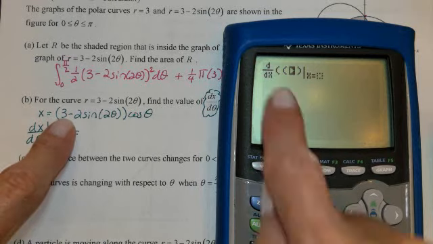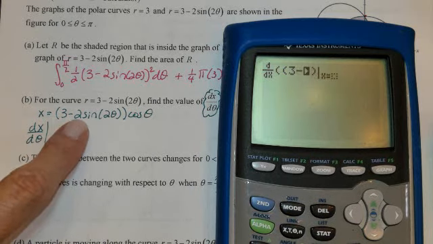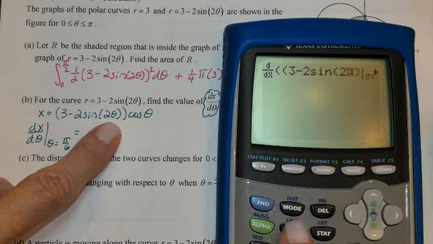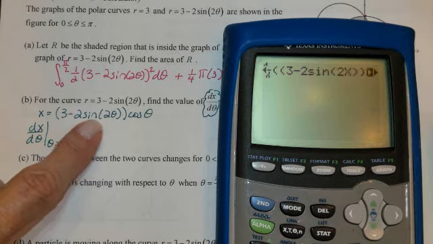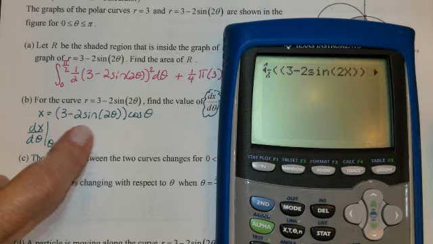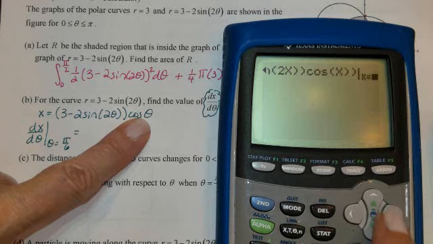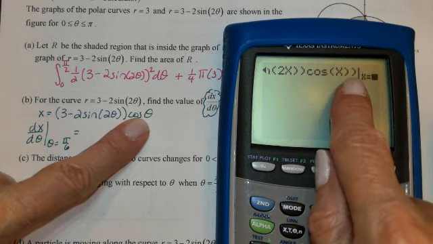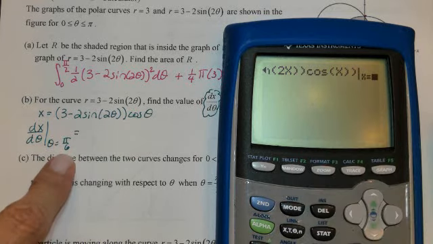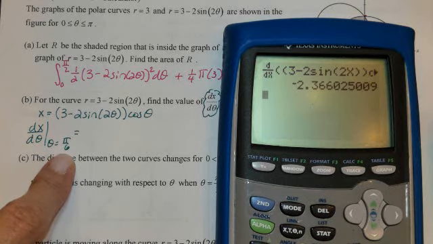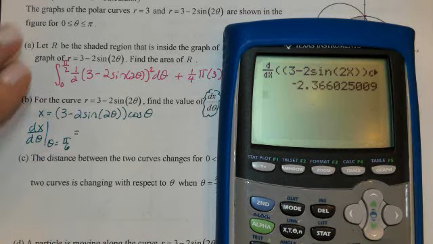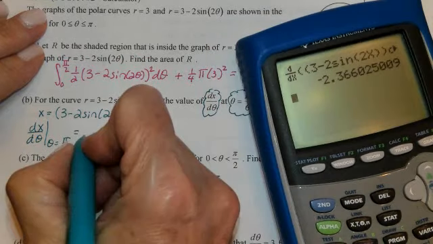So I have parentheses 3 minus 2 sine 2 theta, close the parentheses on the 2x, close the parentheses on the 3 on the r, and then multiply by cosine theta, close the parentheses on the x, the last parentheses is automatic, and then we want to evaluate this at pi over 6. So we get negative 2.366.